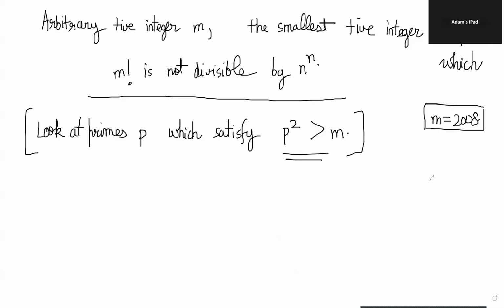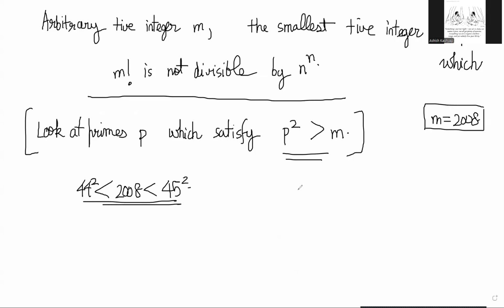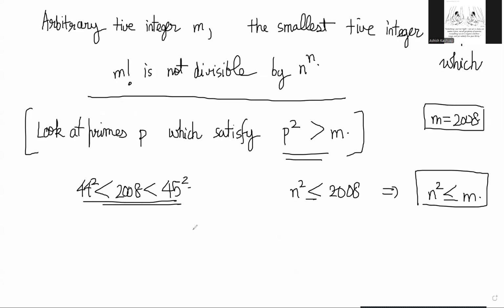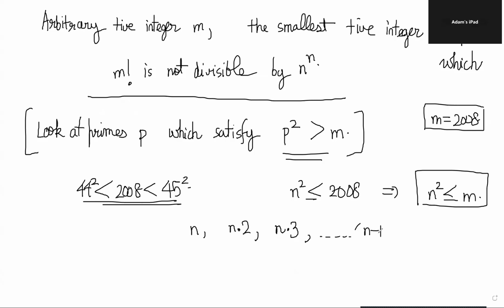Because if you remember, we started by looking at which squares 2008 lies between. 44 and 45. Right. So we looked at 44 square less than 2008 and less than 45 square. And then we said that if our n square is less than or equal to m, in that case, all of these numbers will appear in the sequence of numbers when we write n power n.